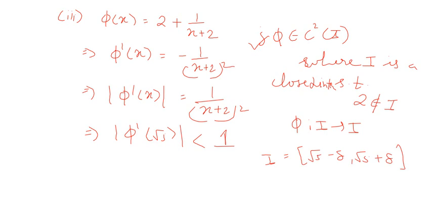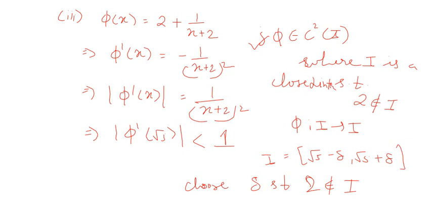Root 5 is something like 2 point something, so you have to maintain this delta so that 2 does not belong to I. Choose delta such that 2 does not belong to I, meaning it is sitting on the right of 2.